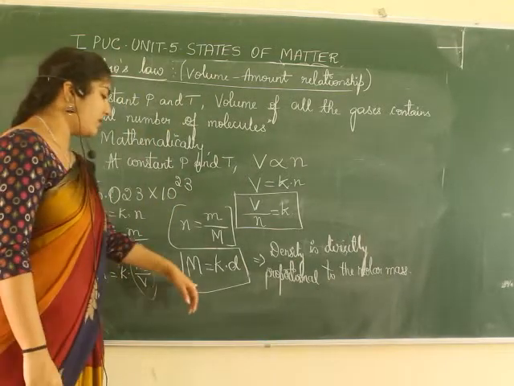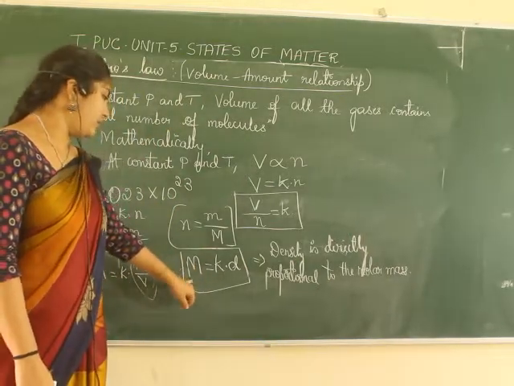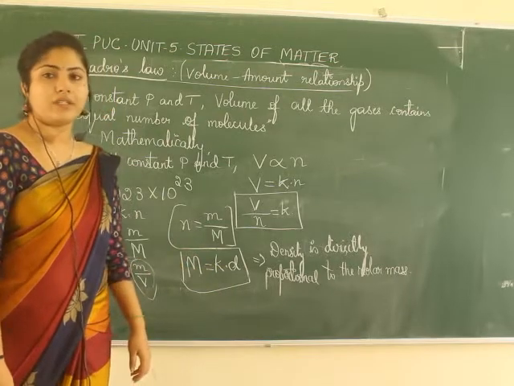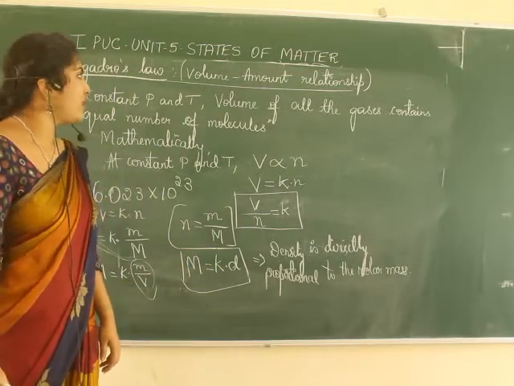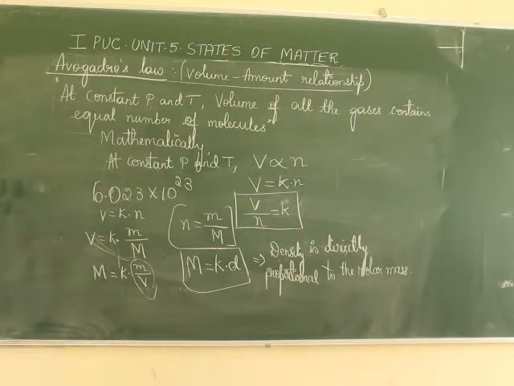So that's about the density term. M is equal to K into D. No confusion till here in Avogadro's law.